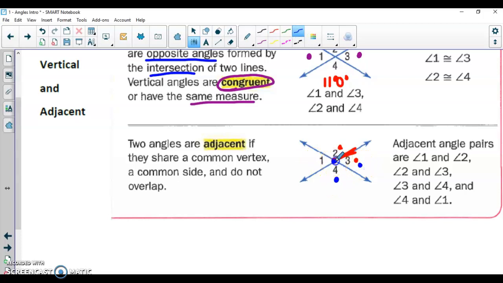They share the common vertex, and there's their common side. You could see angles 1 and 4 because they share a common vertex, and there's their common side. And the final pair is 1 and 2 because they share a common vertex and share a common side, and they're next to each other. That's the idea. So adjacent is next door neighbors.